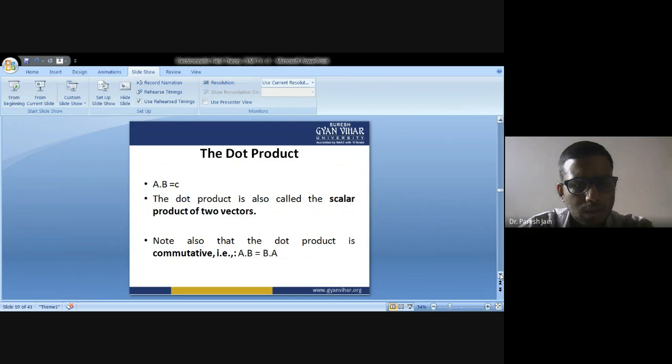Note also that the dot product is commutative, that is, a dot b equals b dot a.